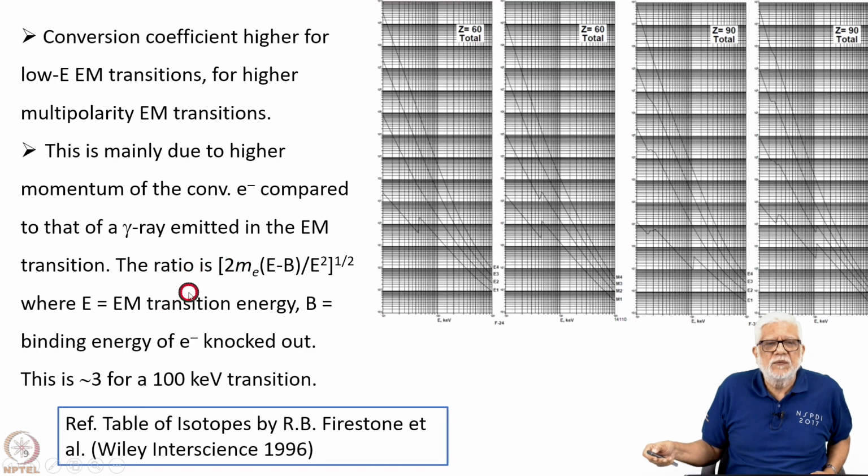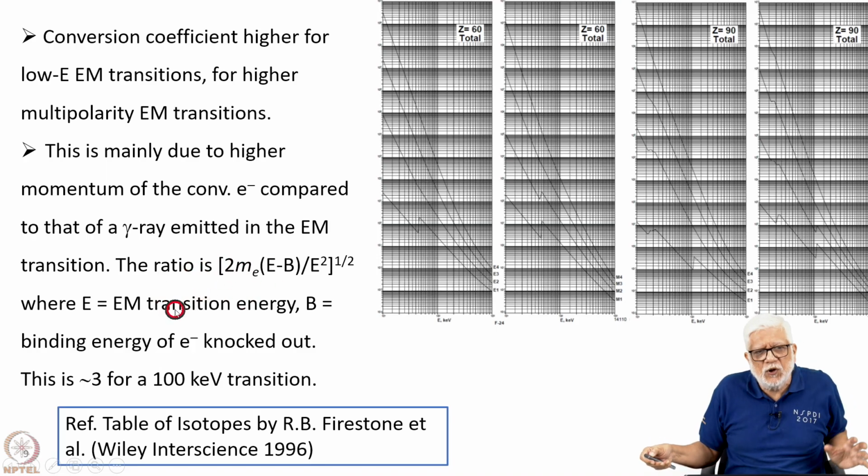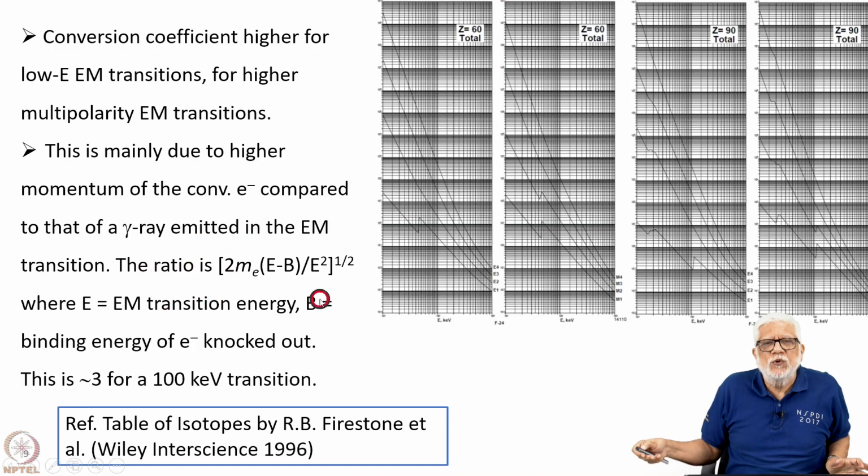And okay, so in any case, the overlap also is an important factor, overlap of the electronic wave function. So, all of these factors contribute to leading to a situation where the conversion coefficient decreases with energy of the transition. And of course, if you have a higher multipolarity, then the coefficient increases because it is easier to take away angular momentum with a massive particle like the electron as compared to a photon.